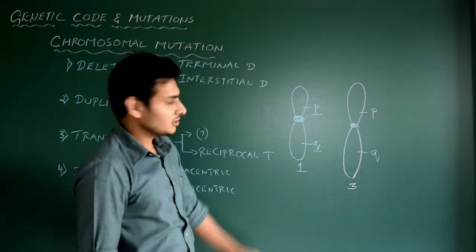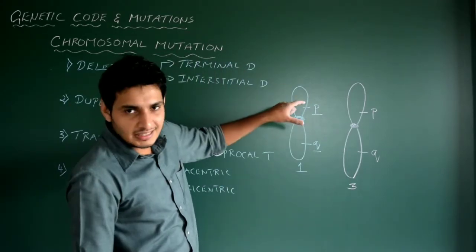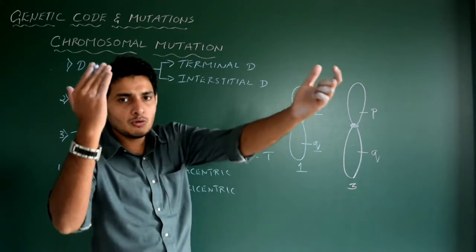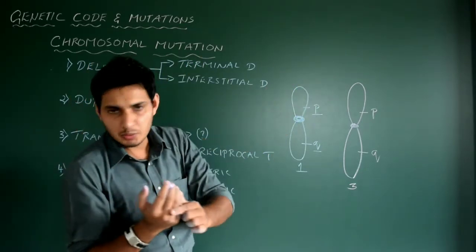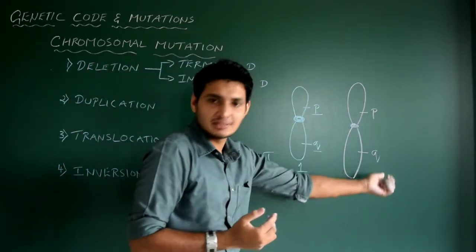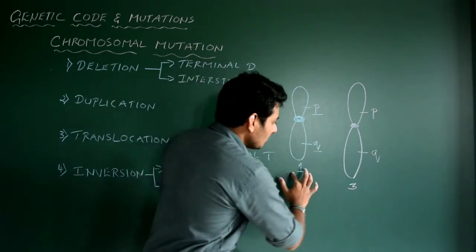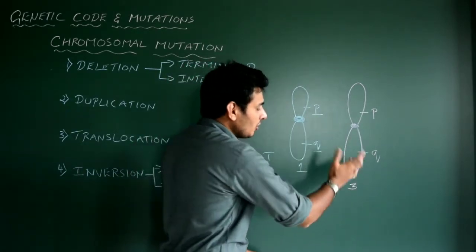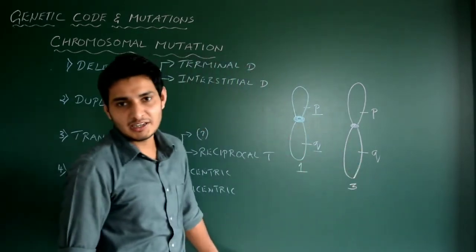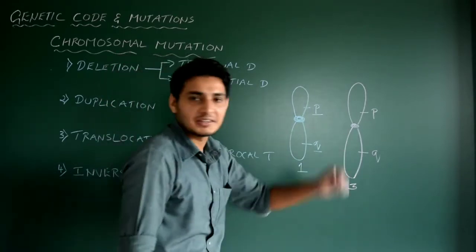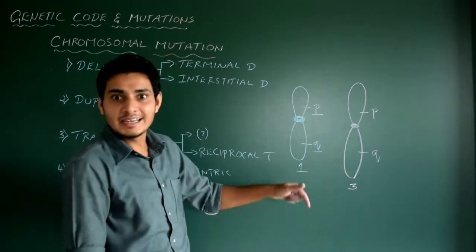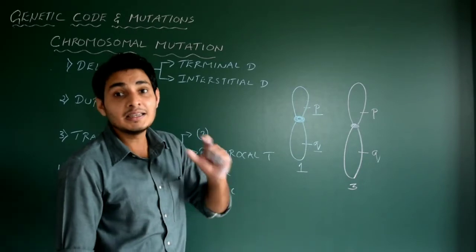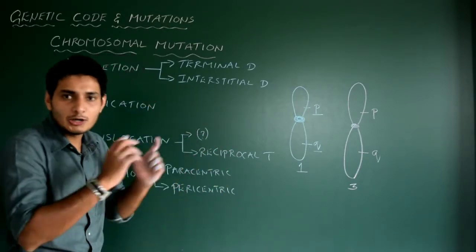During meiosis, what if instead of crossing over taking place between the homologous pair, that is 1 with 1, 3 with 3, what if 1 crosses over with chromosome number 3? That is abnormal, right? So that will lead to abnormalities in chromosomes.